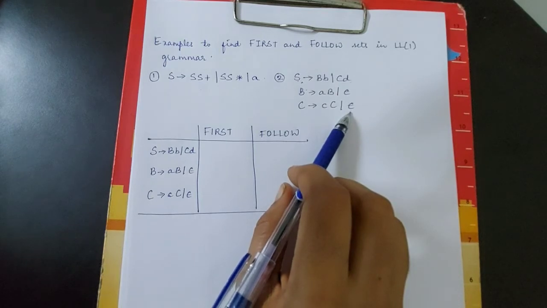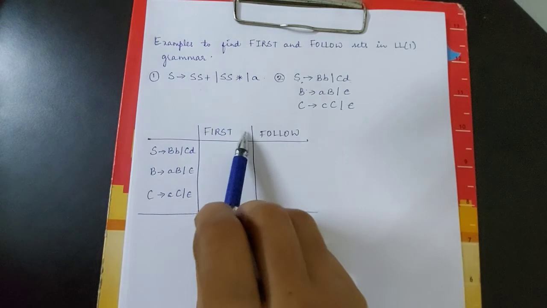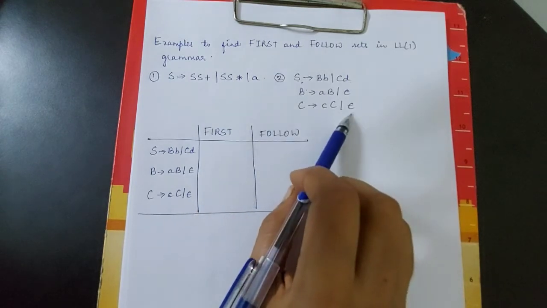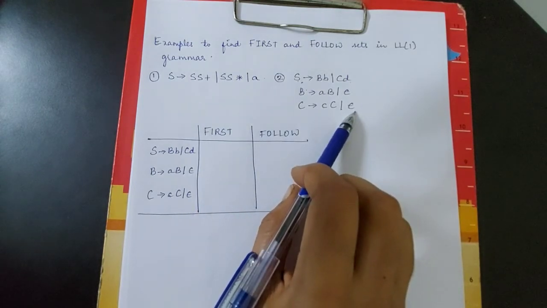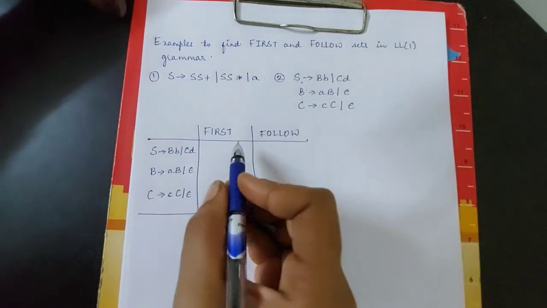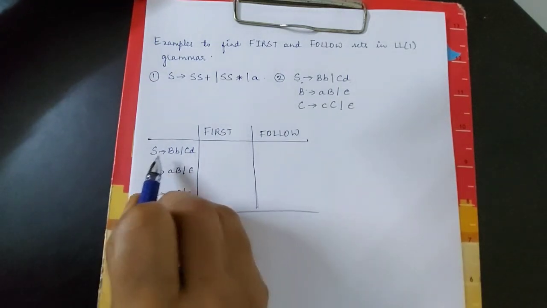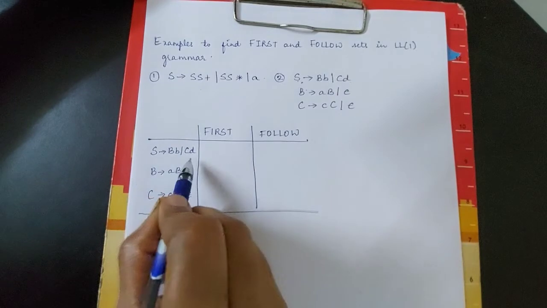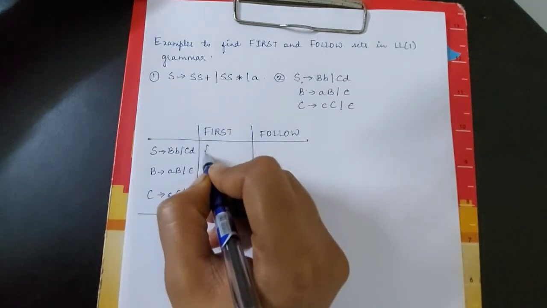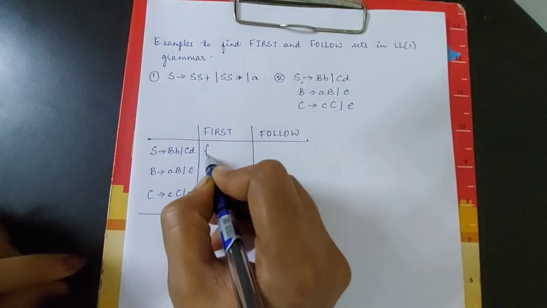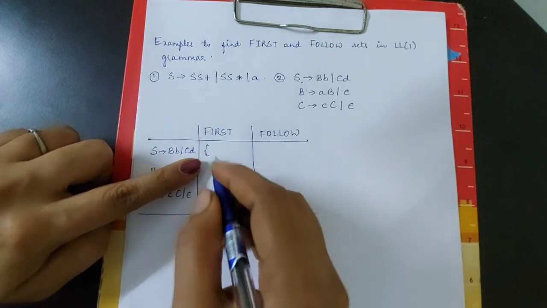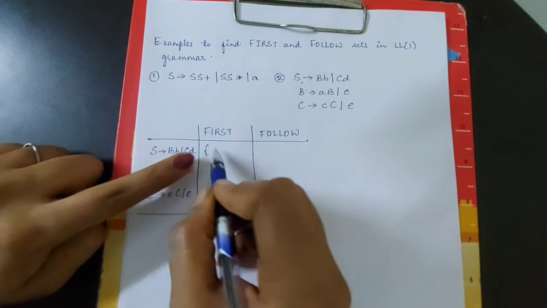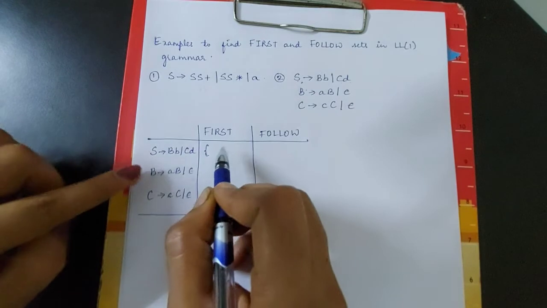That is not an input string, but for our consideration to find the first set, we will be using this epsilon, empty string. So to begin with, we need to take the first production. This first production we will take and we will write the first set. Always it starts with this curly brace. Whatever is written inside that curly brace is all the first set.